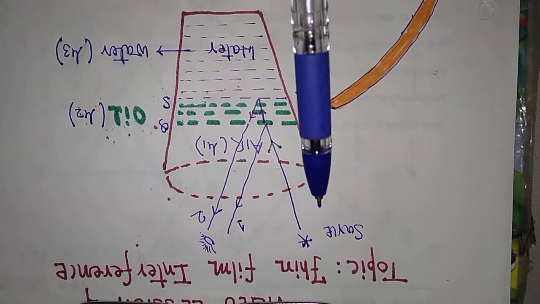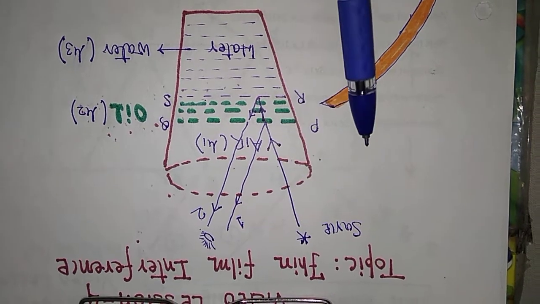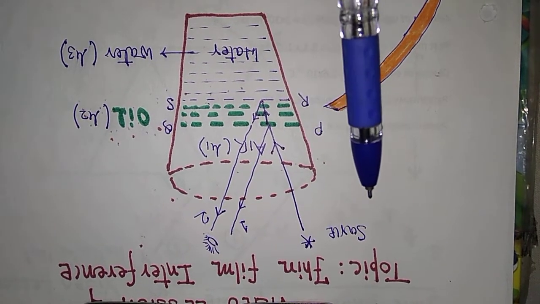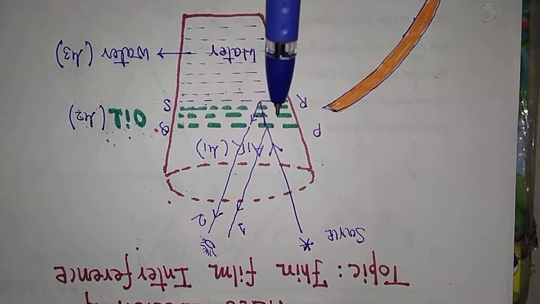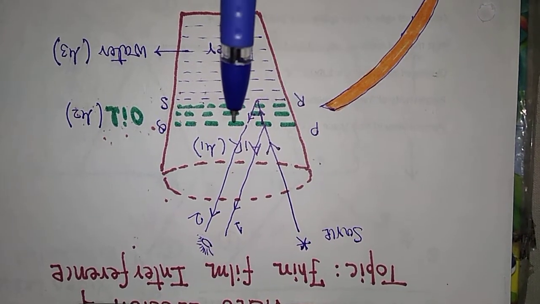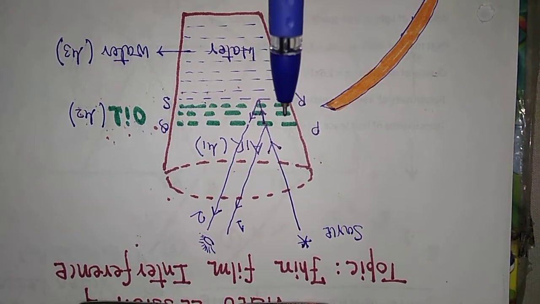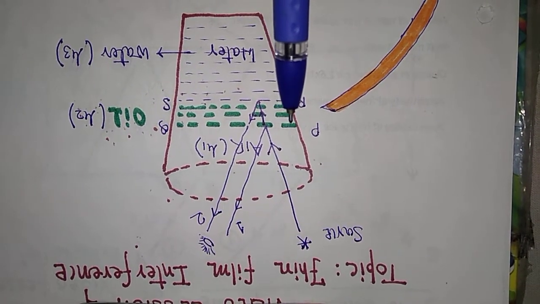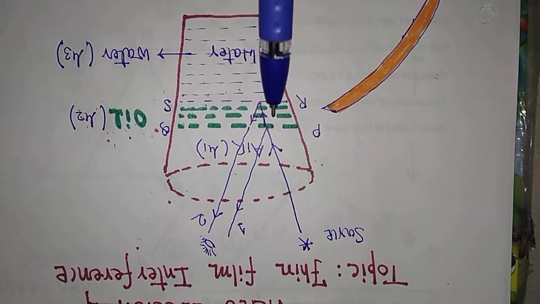Here we take a source, essentially a monochromatic light source, and suppose that light falls on this upper surface PQ of the oil film. What will happen? At PQ there is a change of medium. Here is the air, here is the oil.